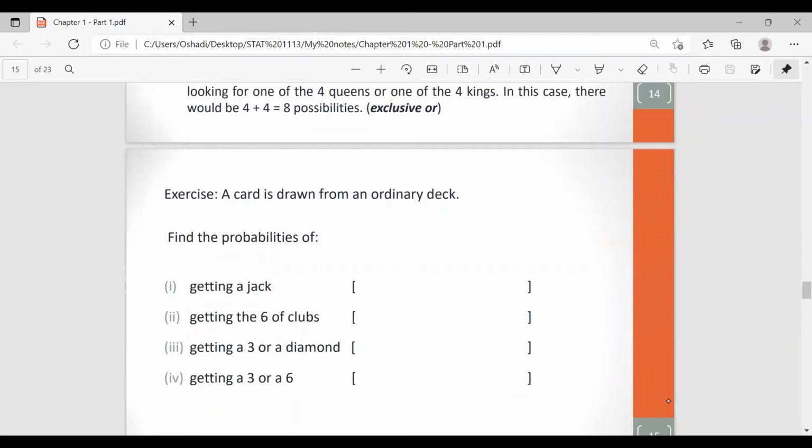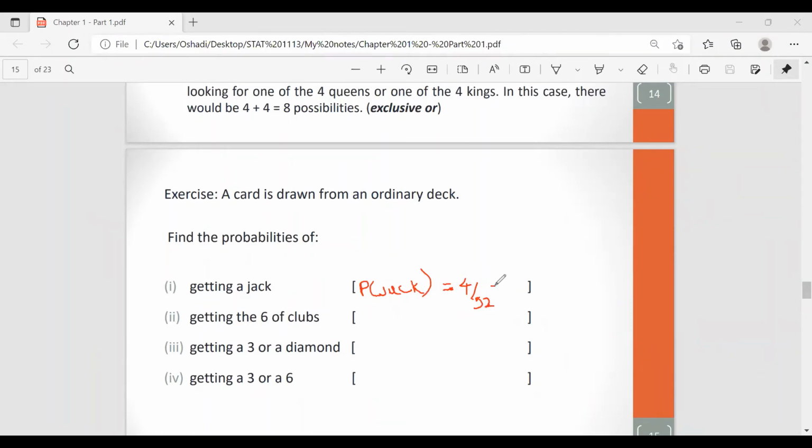So the probability of getting a jack: there are 4 possibilities out of the total outcomes in the sample space, which is 52.